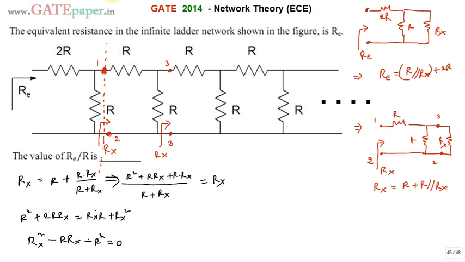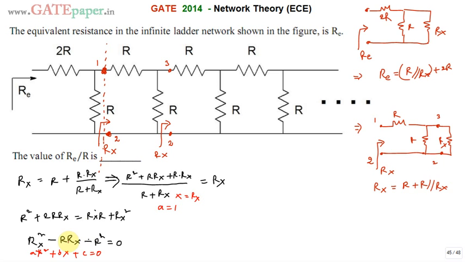Now think of this in terms of the equation form ax square plus bx plus c, where a is equal to 1, and x is nothing but Rx in our case.